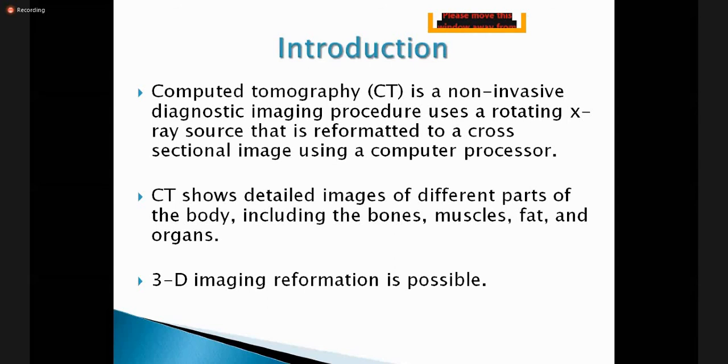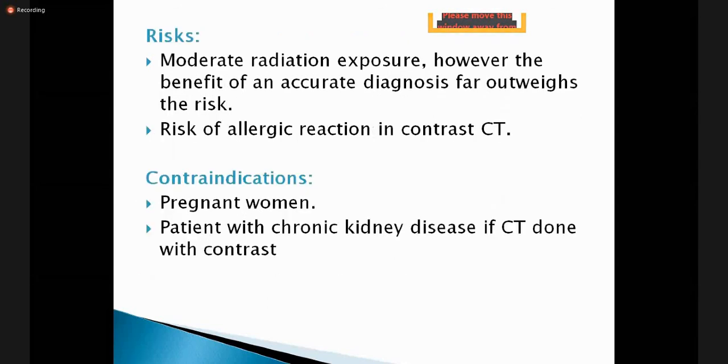Then 3D image reformation is possible. The main risk is radiation exposure, but we have to assess the risk versus benefit. There is a risk of allergic reaction when we are doing contrast CT in case of bone tumors, so we have to rule out allergic history.